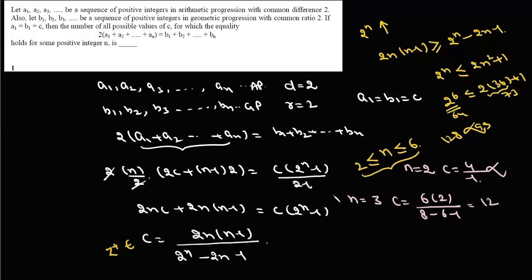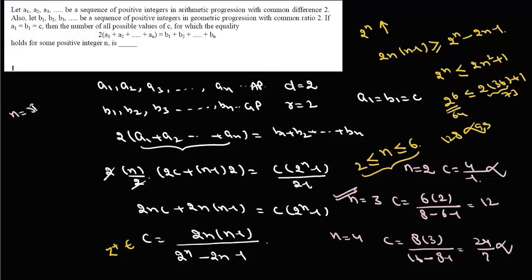So we have a positive integral value at n equals 3. If we put n as 4, we will get c as 8 into 3, and this is 16 minus 8 minus 1. So it will be 24 by 7, not an integer.